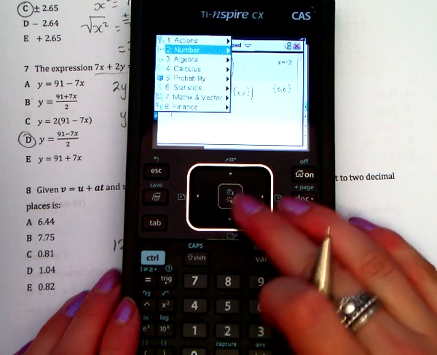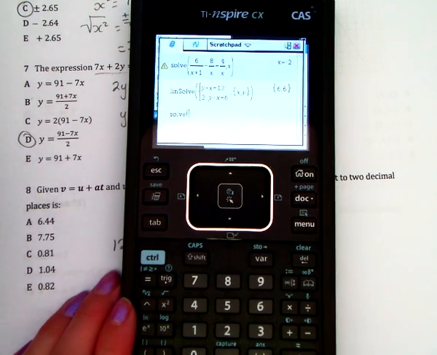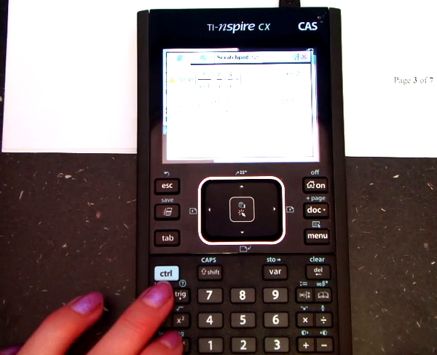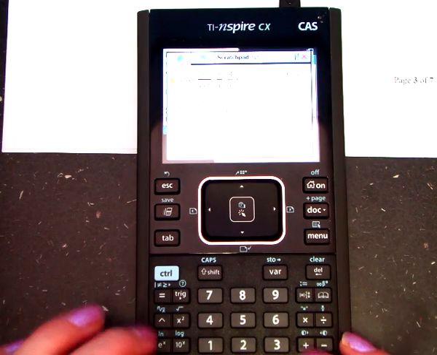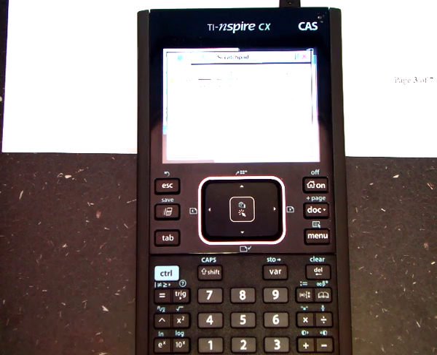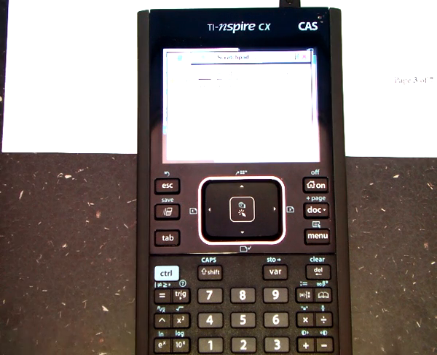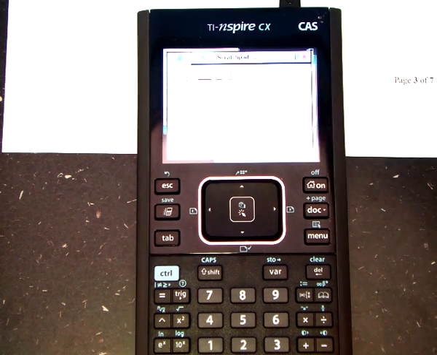So menu, algebra, solve, and I'm putting in the equation 12 equals 9.7 plus 2.8 times t. Now remember, I can use another variable, t, but when I am trying to solve for t, I have to actually put comma t to say that I'm trying to solve for the variable t.